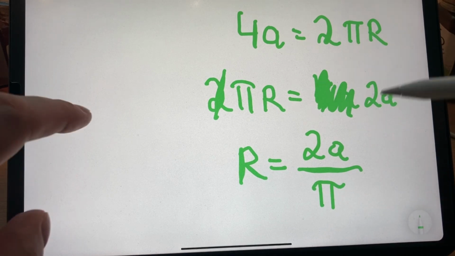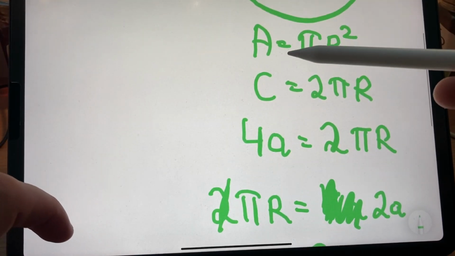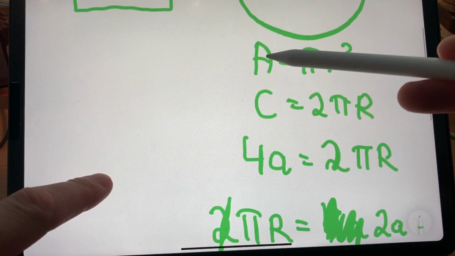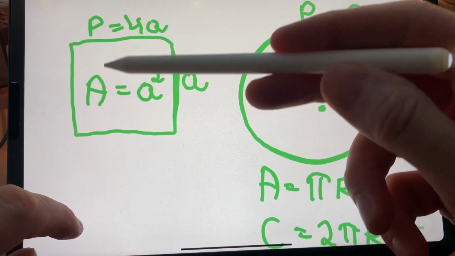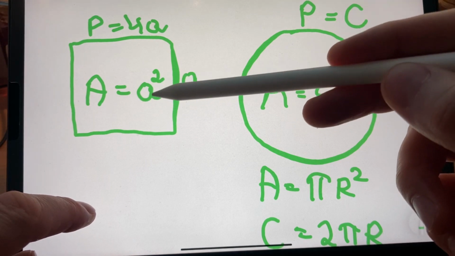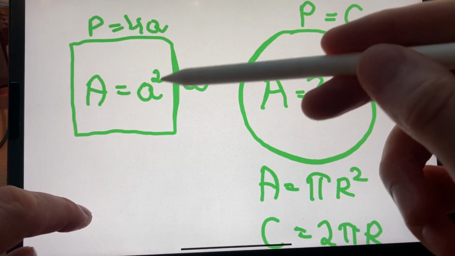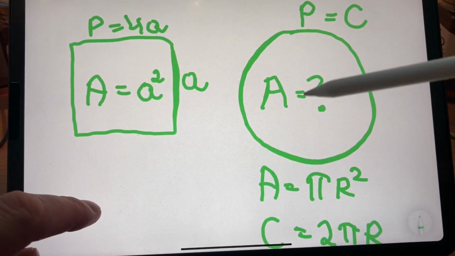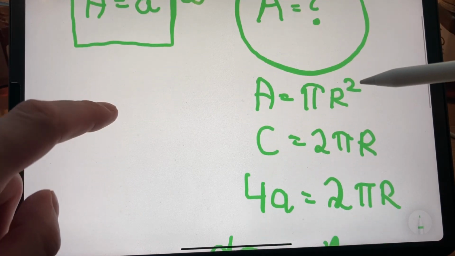Okay, so now we look back here. We already know that the area of a square is a squared, so let's call it 1 unit, because we want to see whether the circle's area is bigger or smaller.